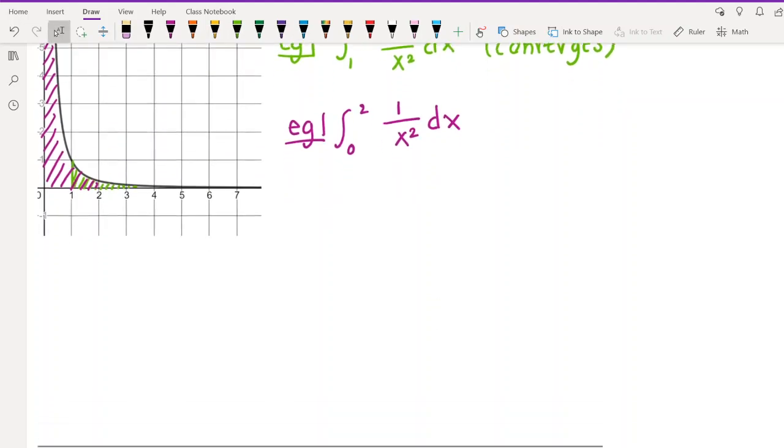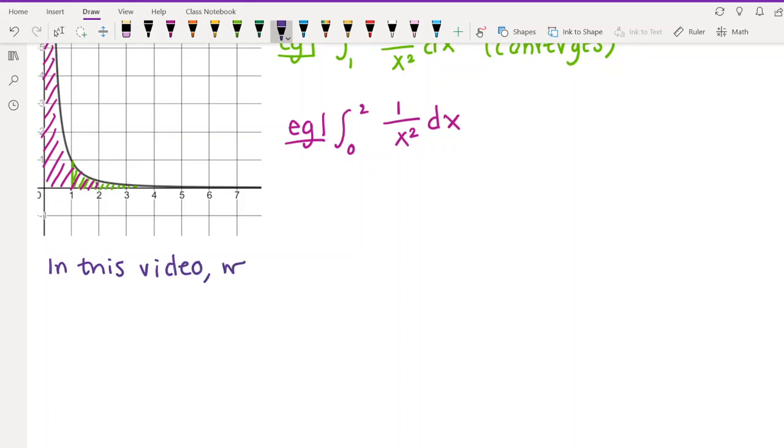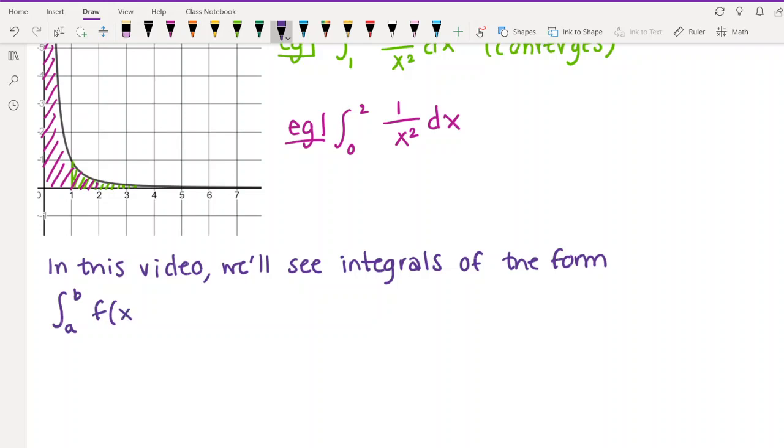So let me kind of summarize what these improper integrals we'll be looking at today look like. So in this video, we'll see integrals of the form just integral from a to b. So that part is not really what the issue is.